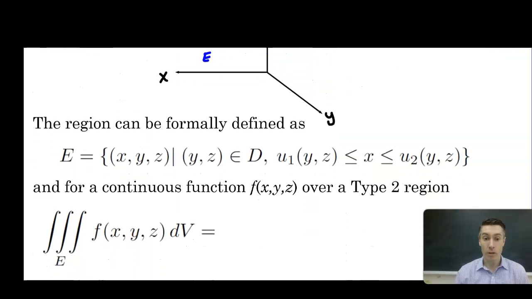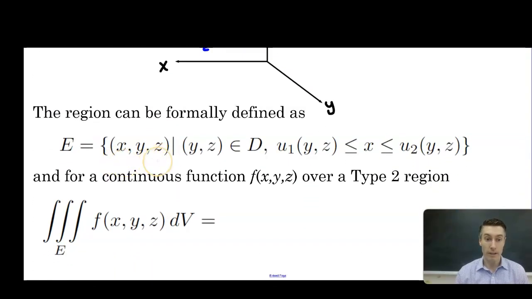The region can be formally defined as the points x, y, z, such that the points y, z are in the projection, and x is bound between the surfaces u sub 1 and u sub 2.